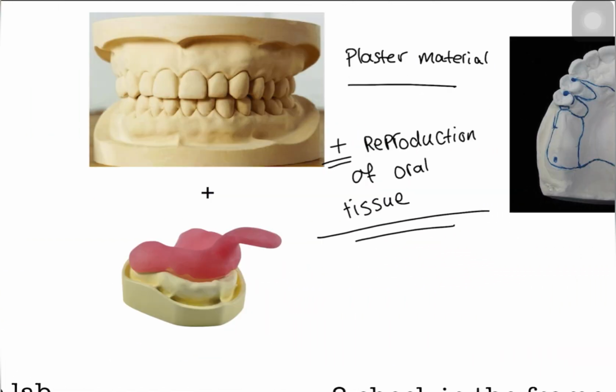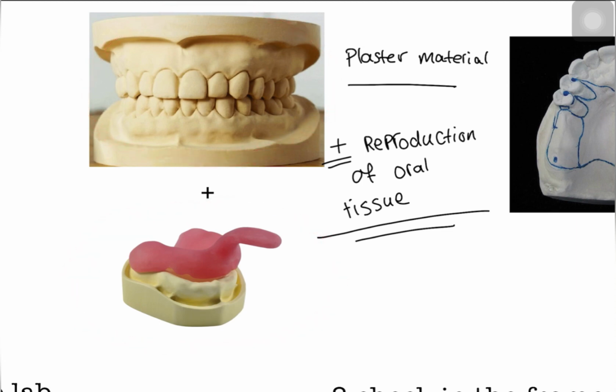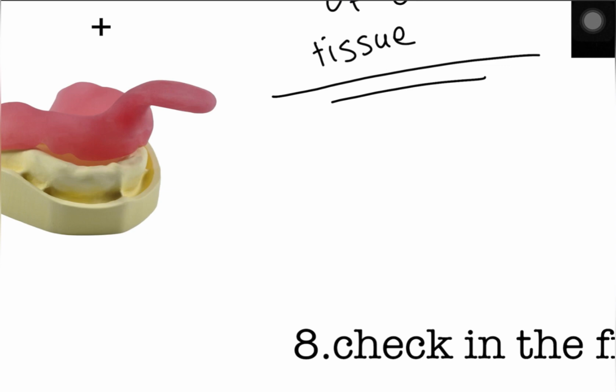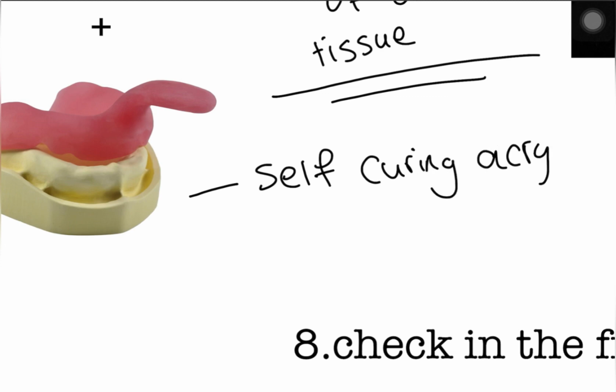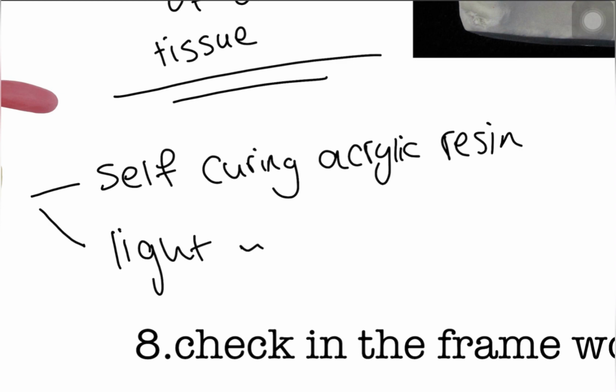Okay, the lab will usually send you the stone model and this. What is this? This is a custom tray, or functional tray, which we use to make the functional impression. There are different materials, but I'm just going to name two: either self-curing acrylic resin or light-curing acrylic resin.